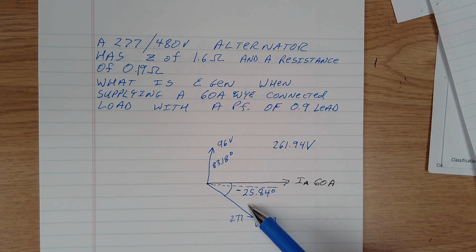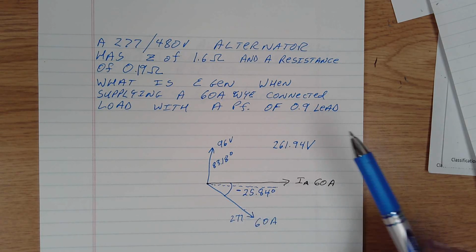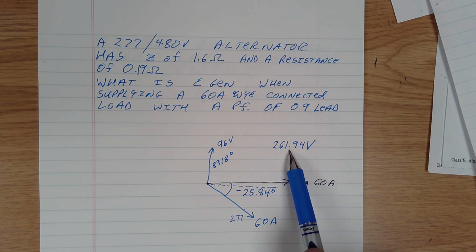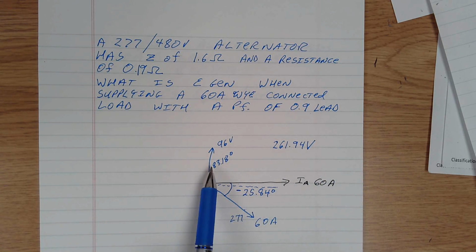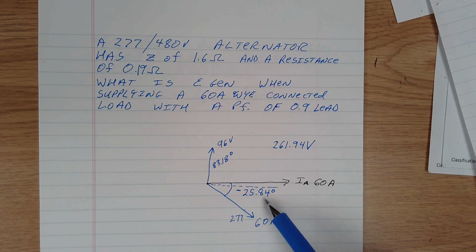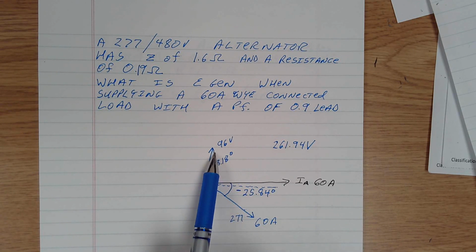However, now that we've got a leading power factor load, we don't need to generate near as much voltage, because that capacitive load, the leading power factor load, is taking care of some of the voltage drop that would normally be across our XL of our alternator windings.